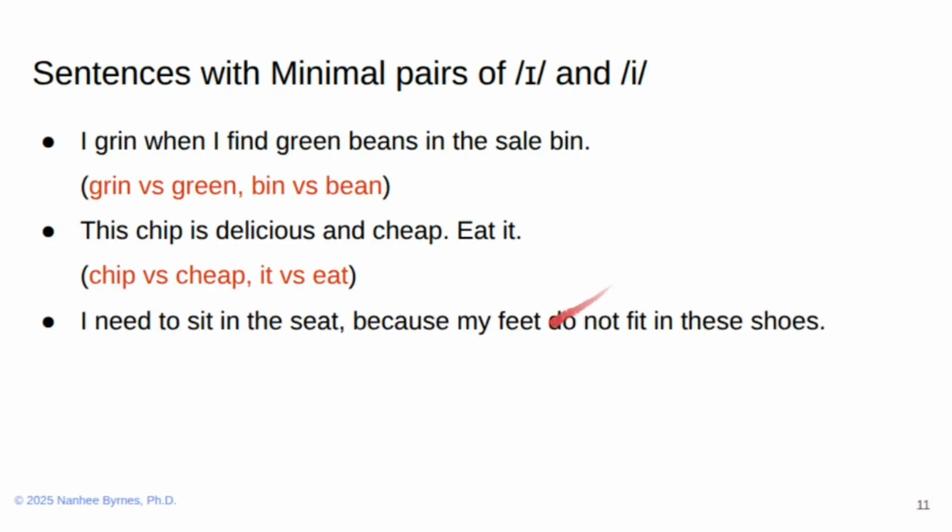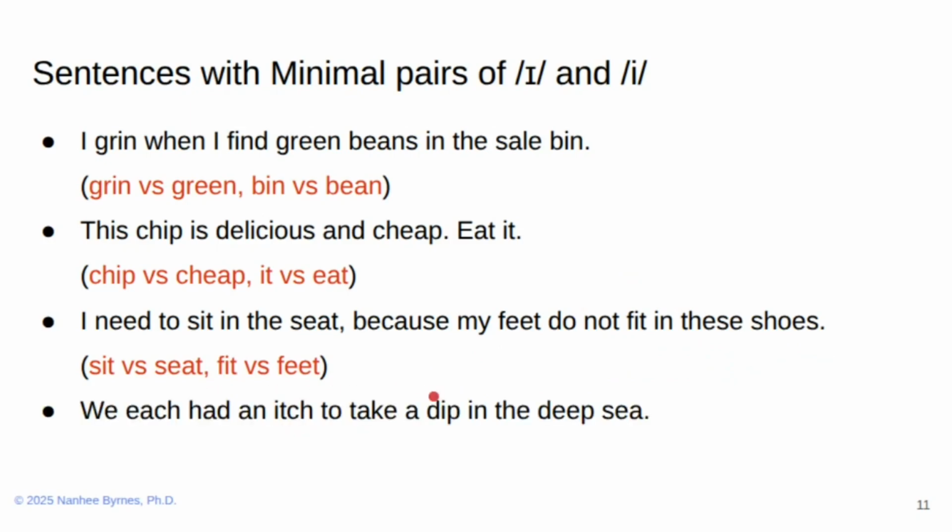I need to sit in the seat because my feet do not fit in these shoes. Minimal pairs: sit versus seat, fit versus feet. We each had an itch to take a dip in the deep sea. Minimal pairs: itch versus each, dip versus deep.